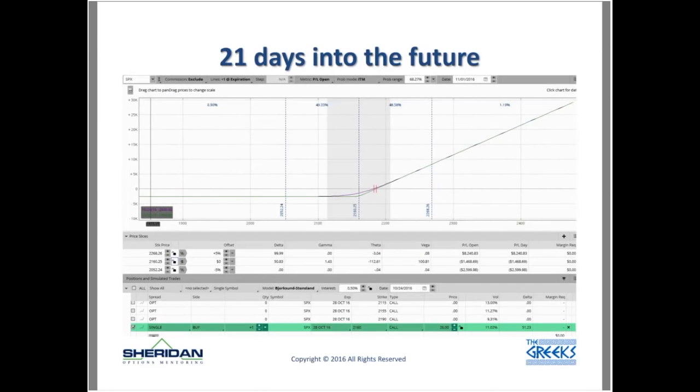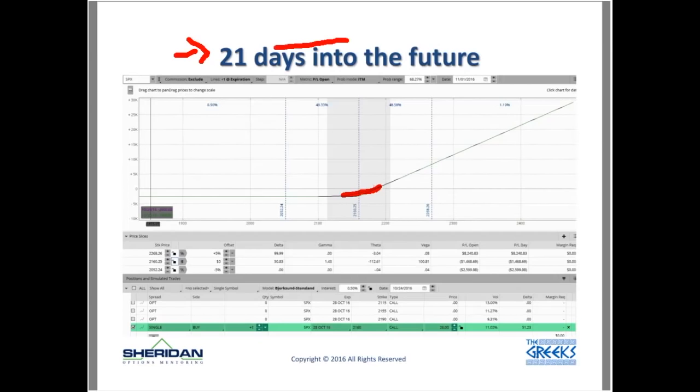You could see 21 days in the future on a 25-day position, and you could see the graph of the position. Today's graph, you can see it's all underwater. And that's your biggest risk of an at-the-money call because your theta goes up.